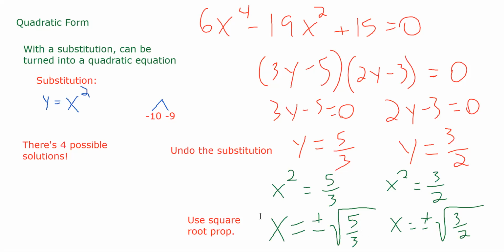Let's look at one more of these quadratic form type things. You're going to have to use a substitution. Let's look at one more possibility. And because we are not content to just make things as straightforward as possible, we're also going to bring negative exponents into this.